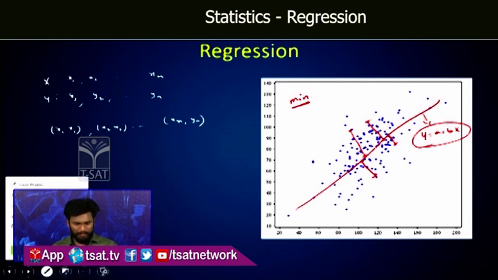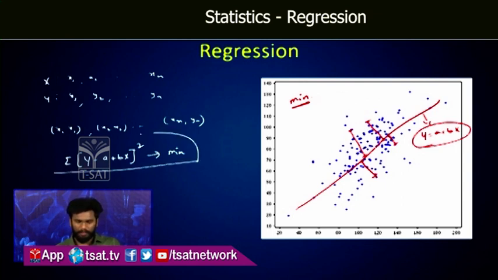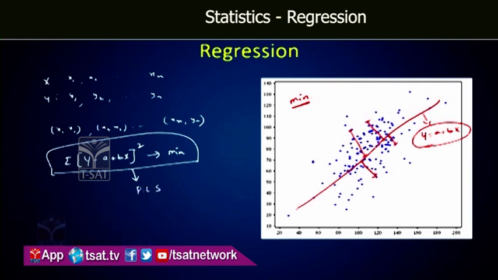Now in mathematical terms, how can we write it? y minus (a + bx), this is the deviation. The sum of the squares of the deviations must be a minimum value. Now how can you make this a minimum value? We can make the function summation (y minus (a + bx)) whole squared a minimum by using the principle of least squares.